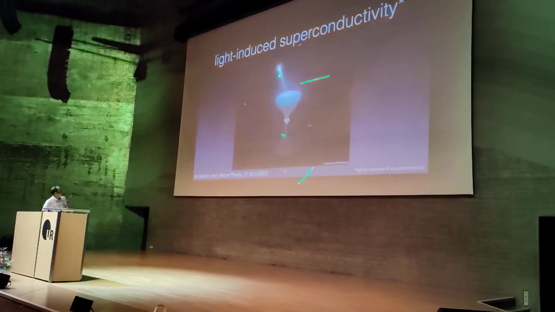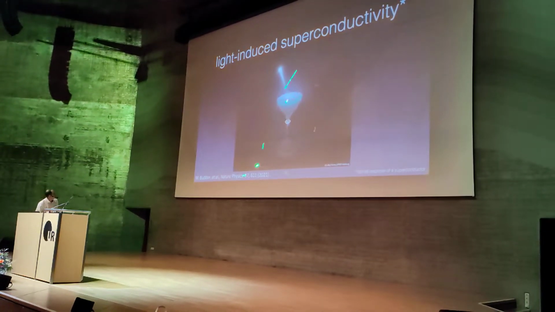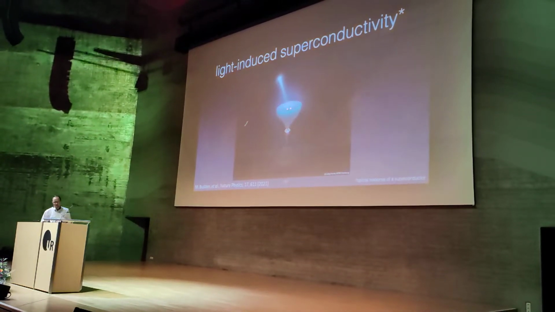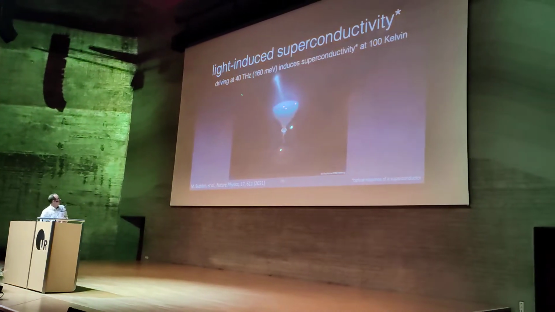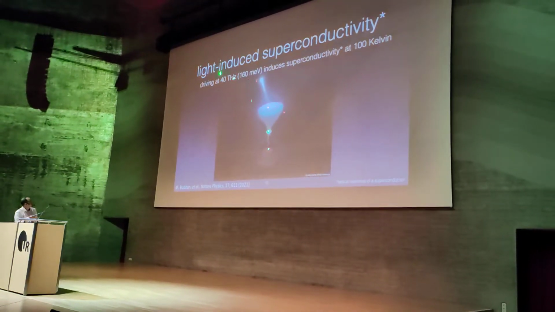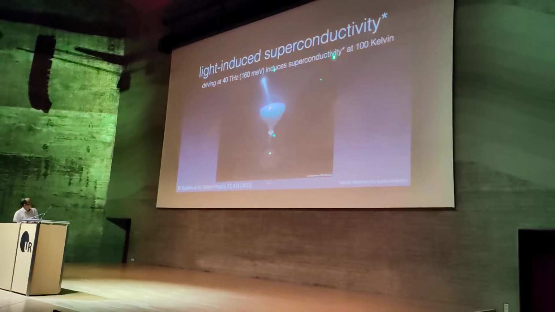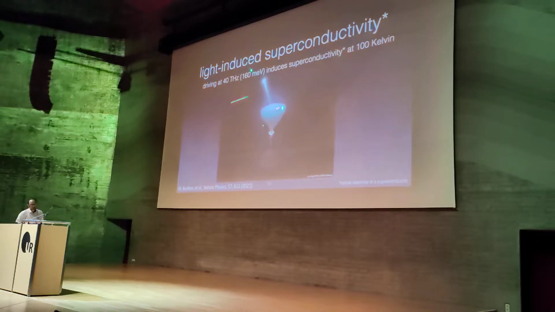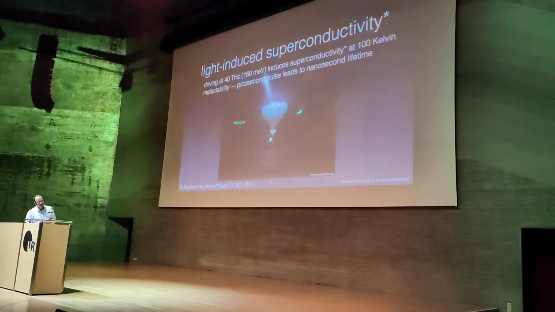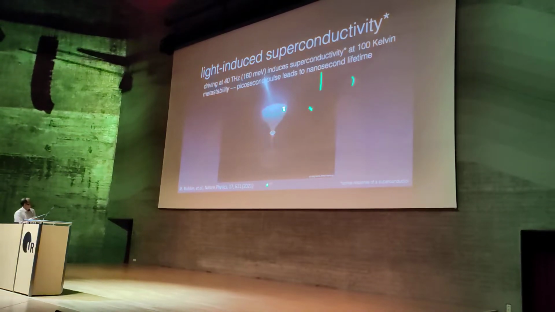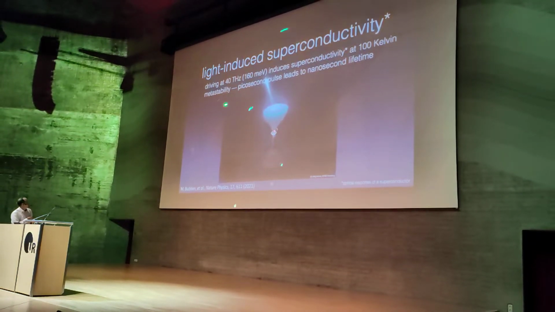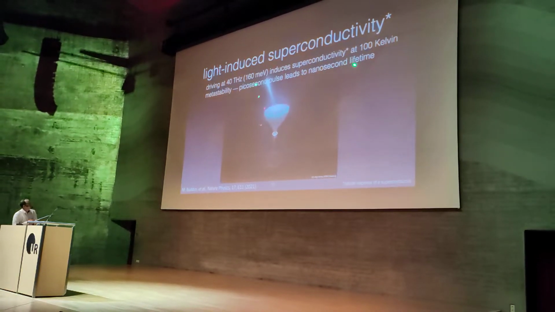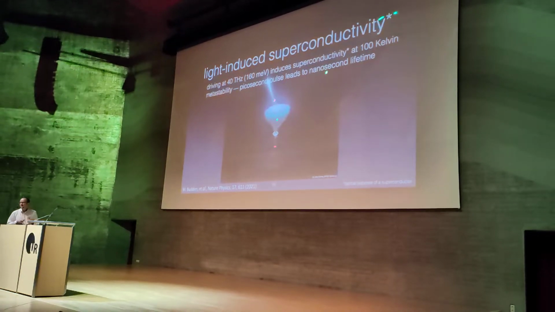In fact, this is a result that was already published in 2021 in Nature Physics, in which they showed that by irradiating K3C60 with 40 terahertz excitation, they induced the optical response of a superconductor at 100 Kelvin. What's more, as illustrated here by this hourglass, this state turned out to be metastable, which means that a picosecond pulse led to a nanosecond lifetime of this light-induced superconducting state.